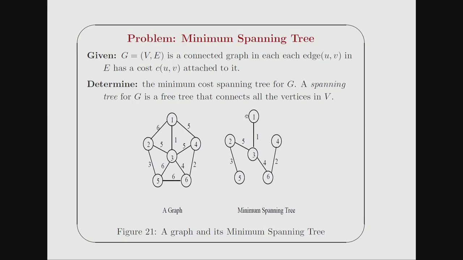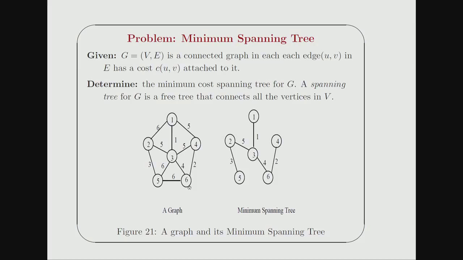You have 1, 3 and 6 belonging to one set, and 2, 5 and 4 belonging to the other set. Now once again what you do is, you find out the lowest cost edge which will connect 1, 3 and 6 to 2, 5 and 4. What is the lowest cost that we have here? Notice 1, 3 and 6 have been connected, right?